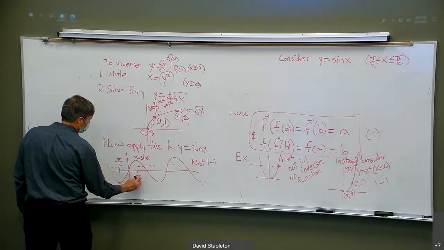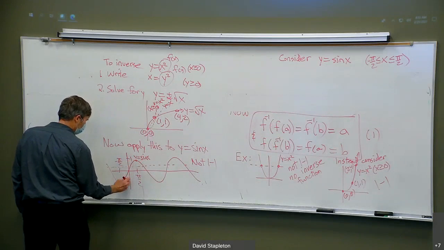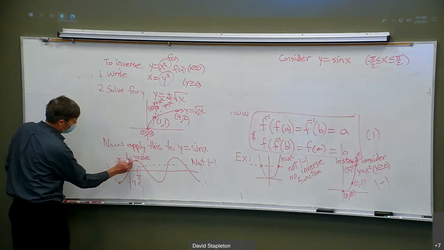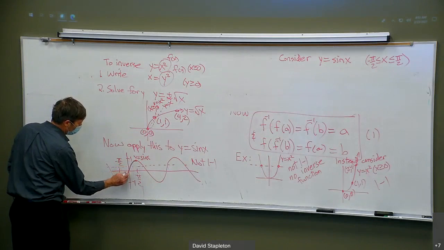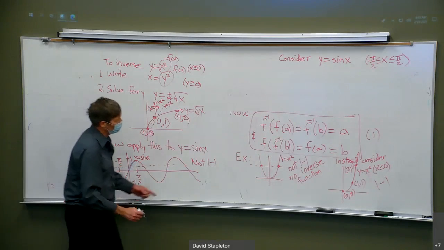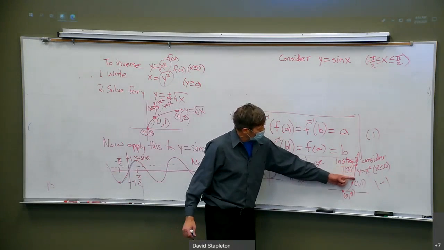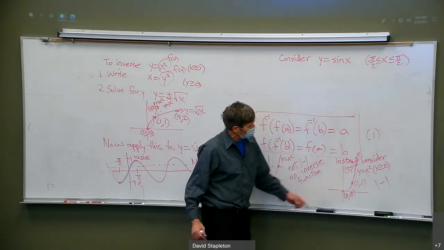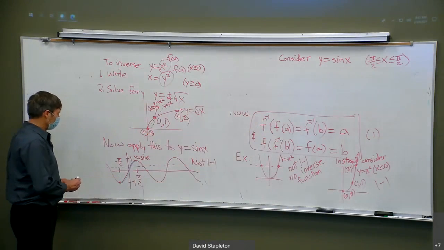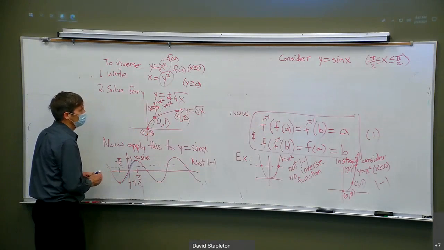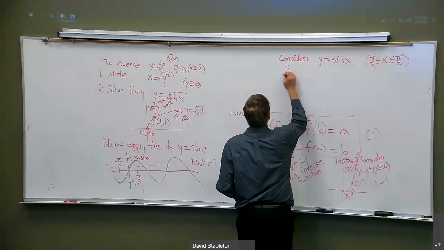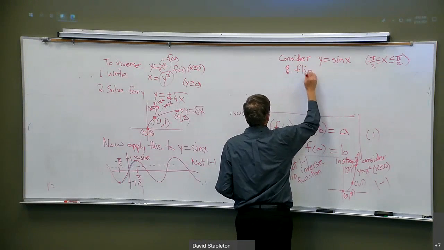And this is pi over 2 here, where sine was equal to 1. So if we just take this piece, lo and behold, it's one-to-one. No horizontal line intersects with this piece more than once, just like on the parabola. No horizontal line intersected that piece more than once. So I can take this piece and flip this over the line y equals x to get its inverse.